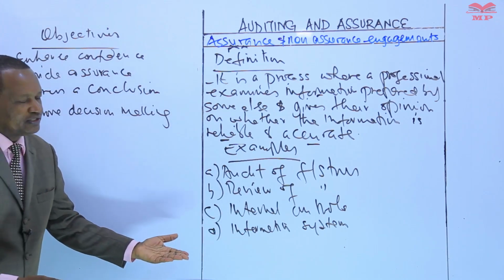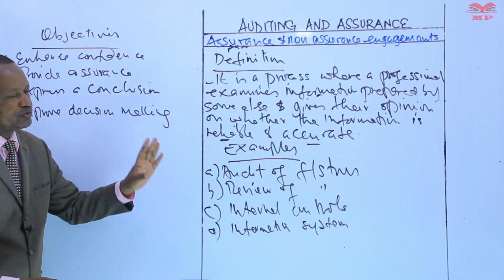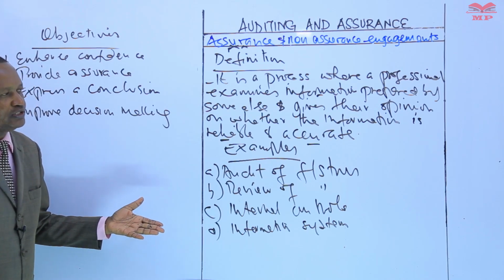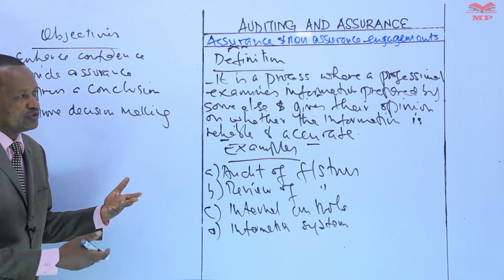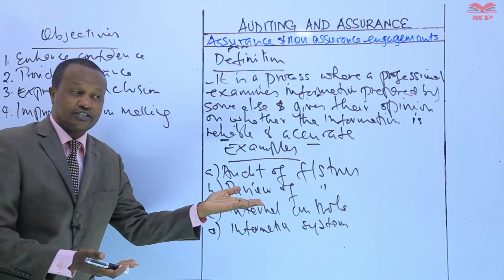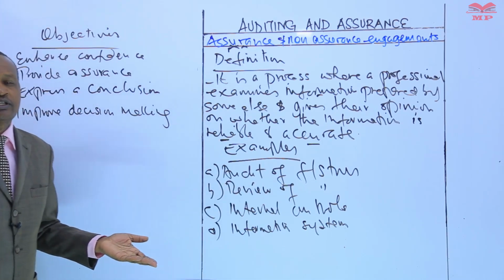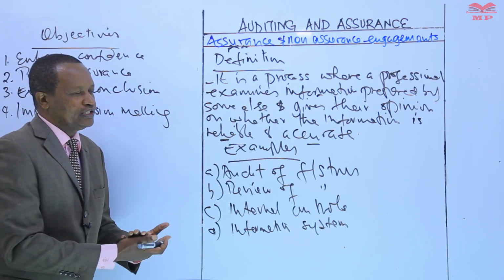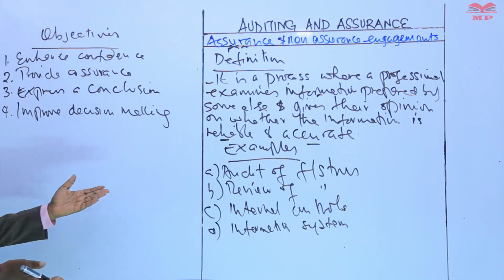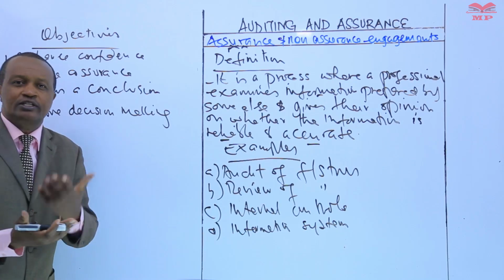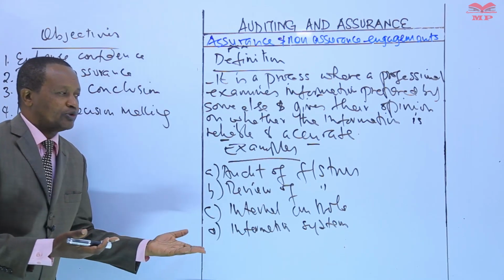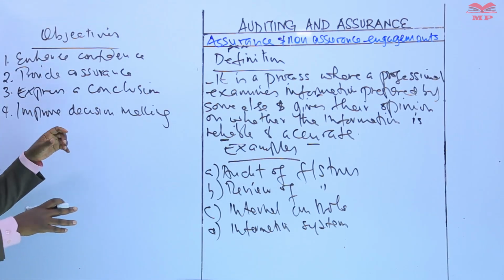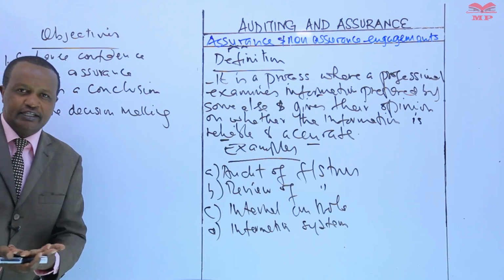If it is investment, then one can decide based on this opinion to invest or not invest. If it is financing, if a financial institution relies on this information, it can make a decision as to whether to advance finance to a company or not. If it's a potential employee who would want to dedicate his time and work in that organization, he can use this assurance engagement to make a decision as to whether to accept employment in a company or not. So these assurance engagements improve decision making.